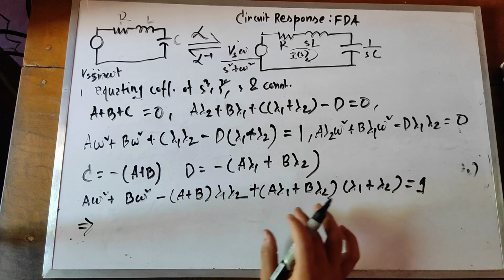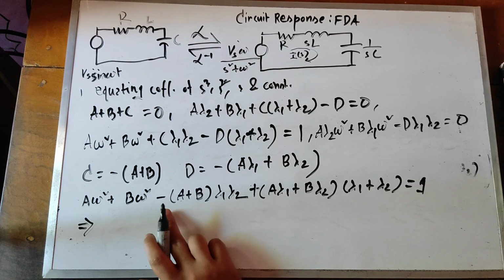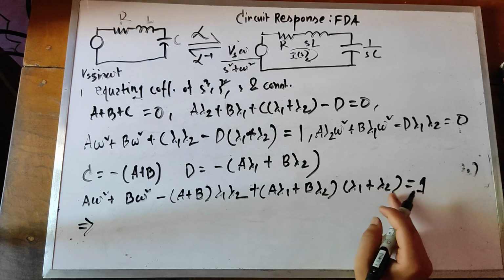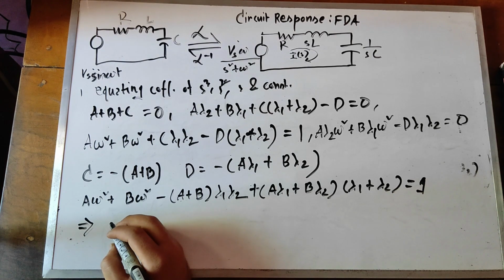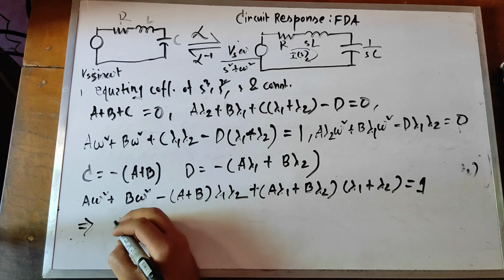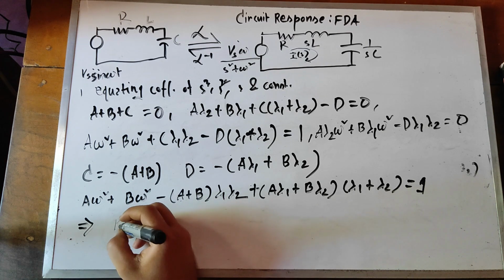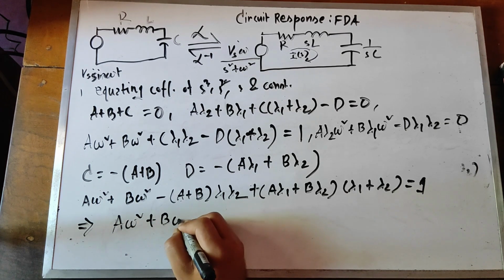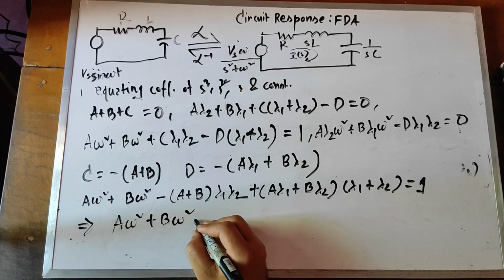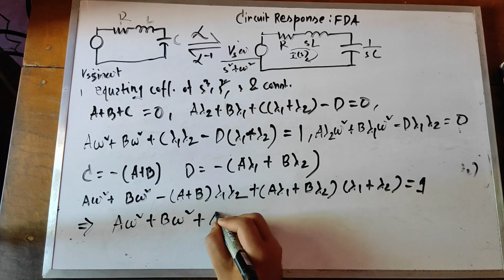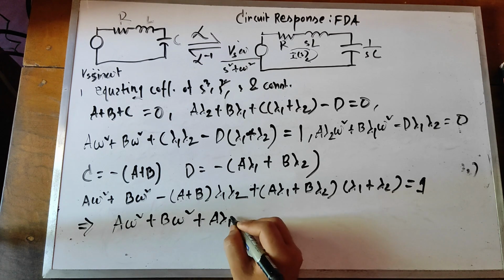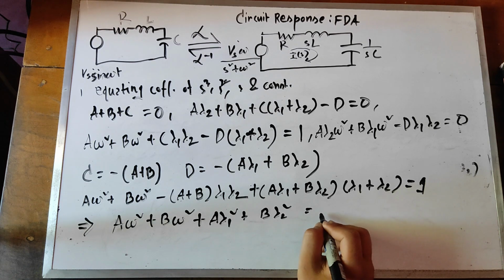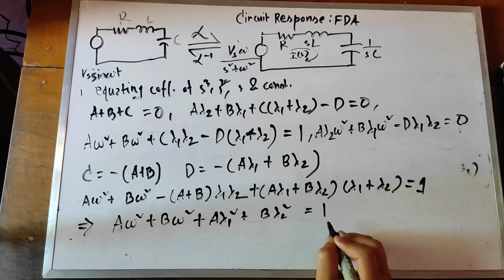In this case, minus A lambda 1 lambda 2 will be cut out by plus A lambda 1 lambda 2, and B lambda 1 lambda 2. So it will leave us with only A omega squared plus B omega squared plus A lambda 1 square plus B lambda 2 square, which equals 1.